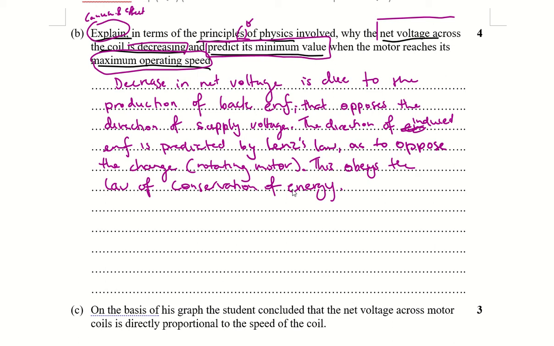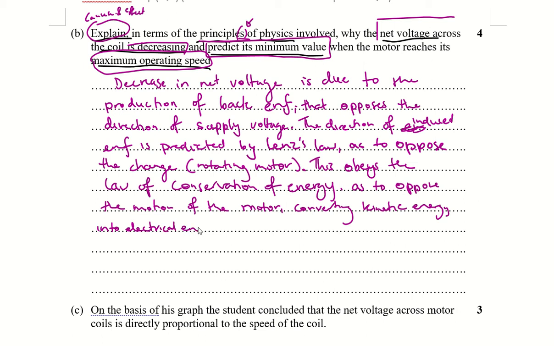So this obeys the law of conservation of energy as it opposes the motion of the motor, converting kinetic energy into the electrical energy, which then converts into our magnetic field.